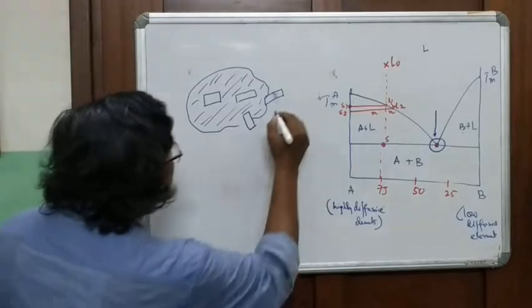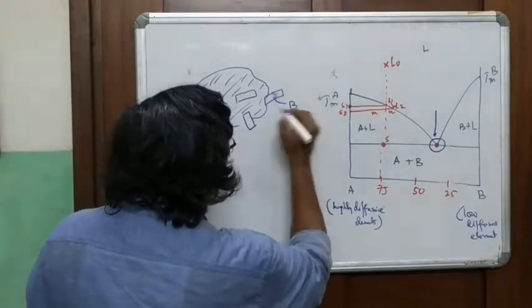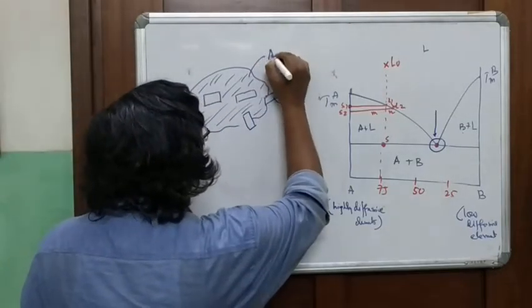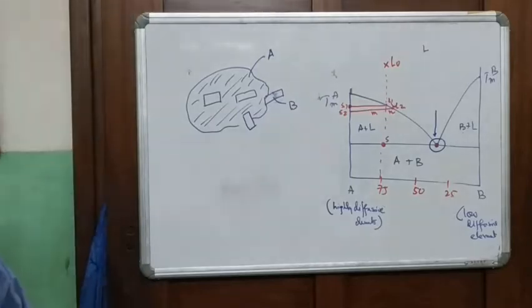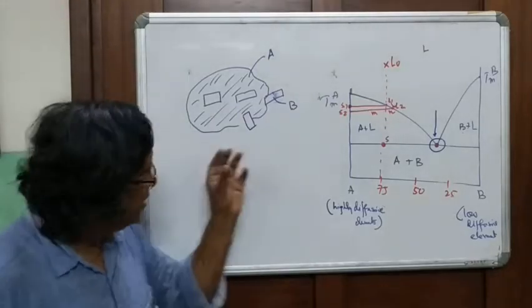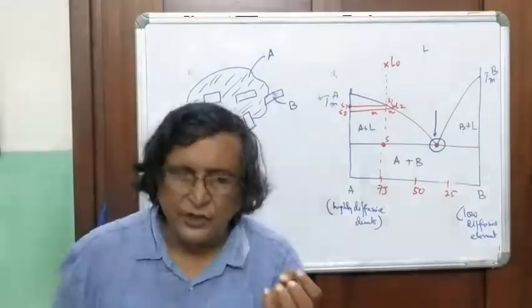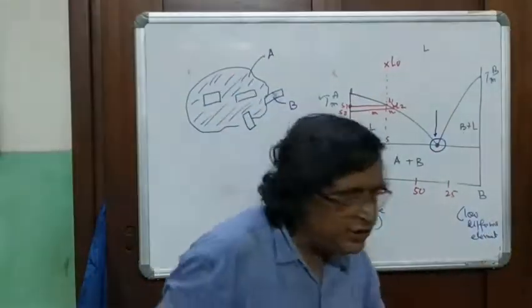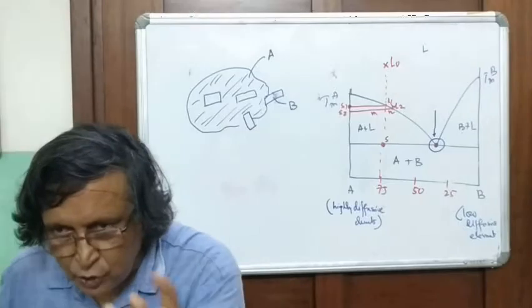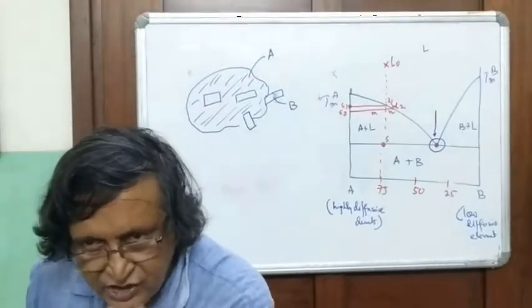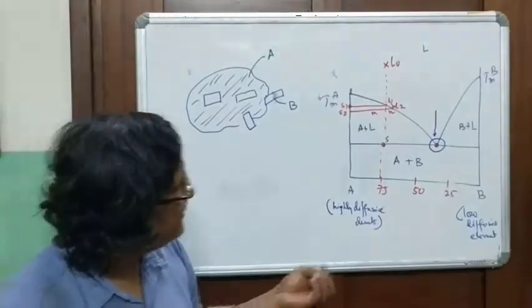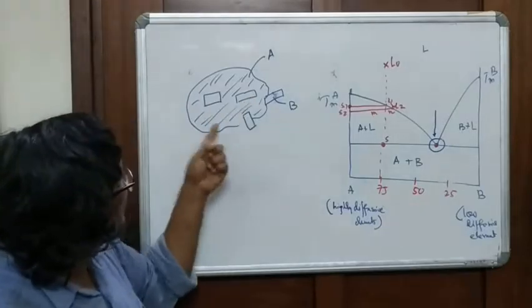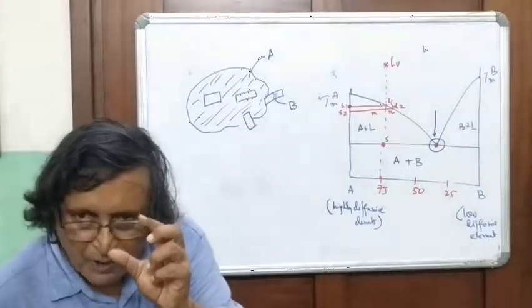So this is B and this is A. The minerals with highly diffusive elements grow to larger sizes, and minerals with low diffusive elements, where the crystal-melt interaction is not so fast, make more nucleation sites and grow to smaller crystals.